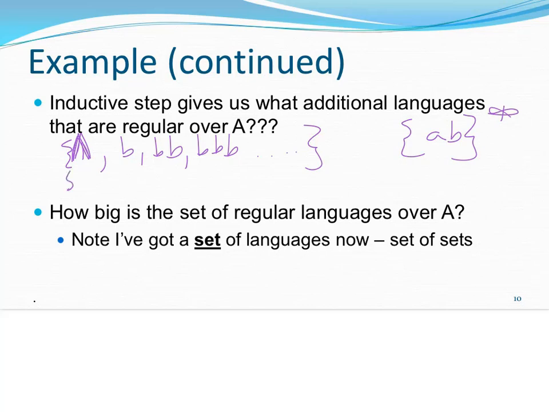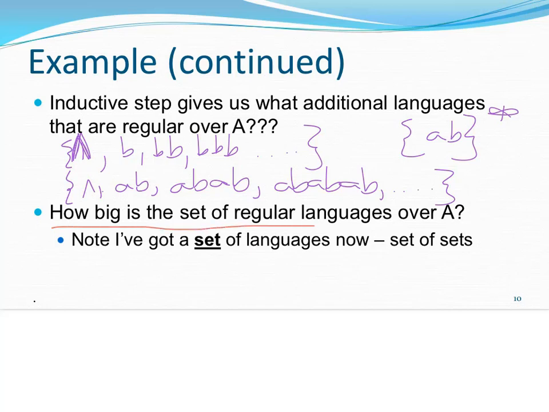What's that? That's the set that starts with lambda, and then we have AB, and then we have ABAB, and then we have ABABAB, and so on, right? So here I ask you a question. How big is the set of regular languages over A?